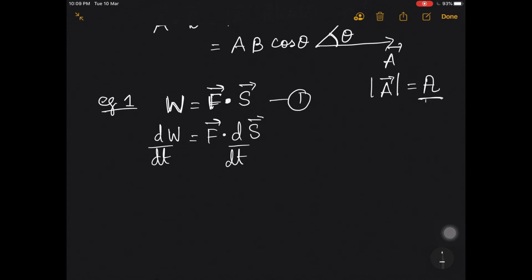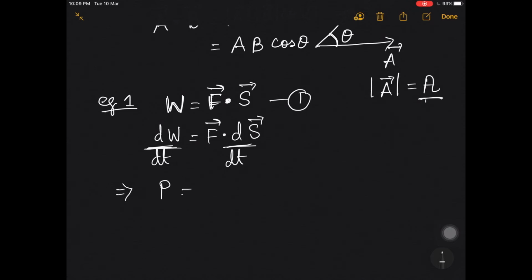Now in case you are having difficulty in understanding this concept of differentiation, please see my video on differentiation. I have given the link in the description box, as well as you can click the I button on the top. Here we see that the rate of doing work, from physics concept we know, is called power.